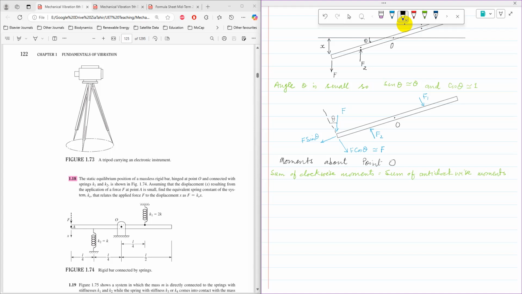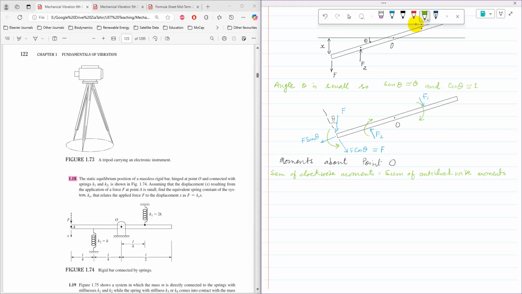So I'm going to use here sum of clockwise moments is equal to sum of anti-clockwise moments, taking moments about point O. The moment due to that force F about point O is anti-clockwise, and due to that force F2 is clockwise, and F1 is also clockwise.